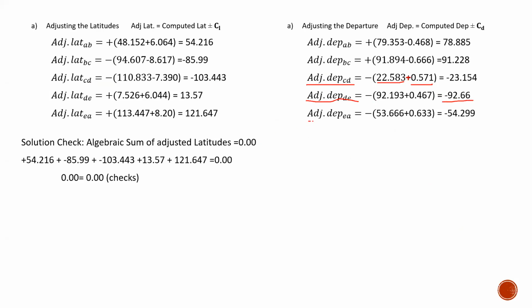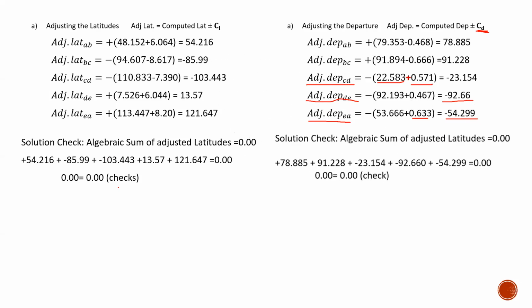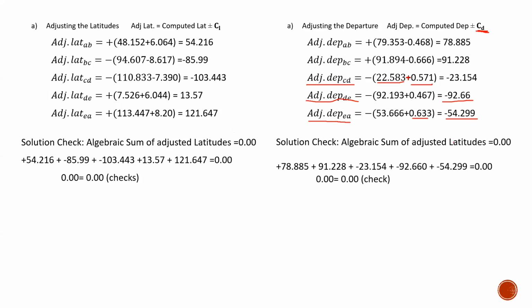For the adjusted departure of EA, that is equal to negative 53.666 plus 0.633 yung correction natin, the correction of the departure. So that is negative 54.299 meter. And again, let's do the checking, the solution checking, that the algebraic sum of the adjusted departure should be equal to 0.00.